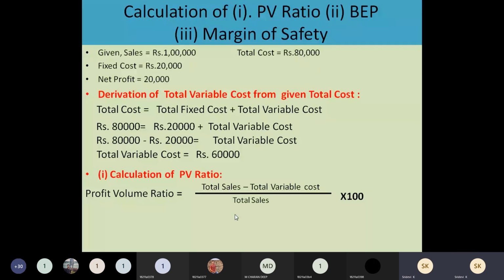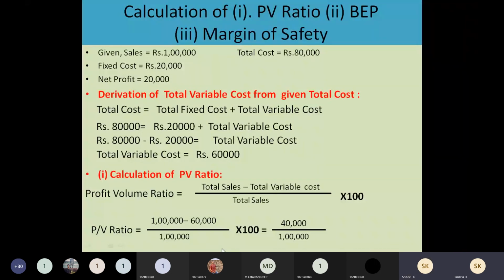So now you substitute the values in this formula. PV ratio is equal to total sales. It is given here 1 lakh. So 1 lakh minus total variable cost we have derived 60,000. That you substitute here. So divide it with the total sales of 1 lakh rupees. Multiply it with 100. So how much you will get? 40,000 divided by 1 lakh, multiply it with 100.